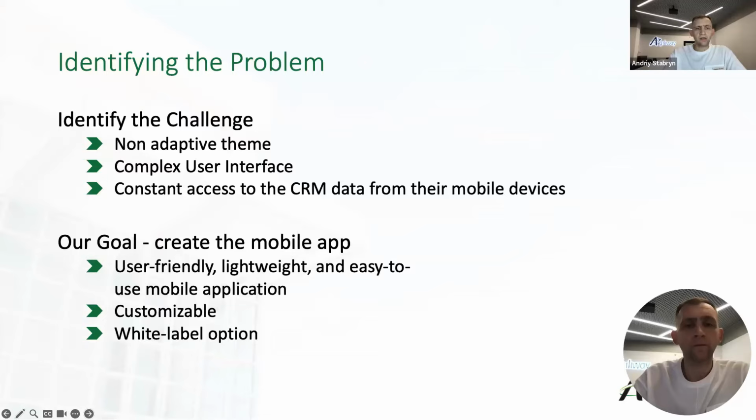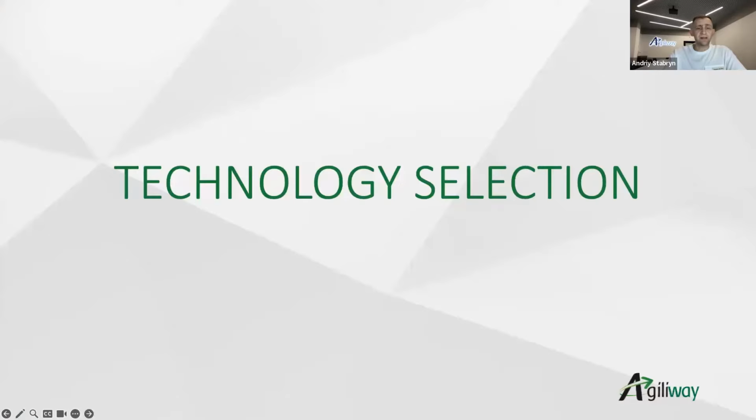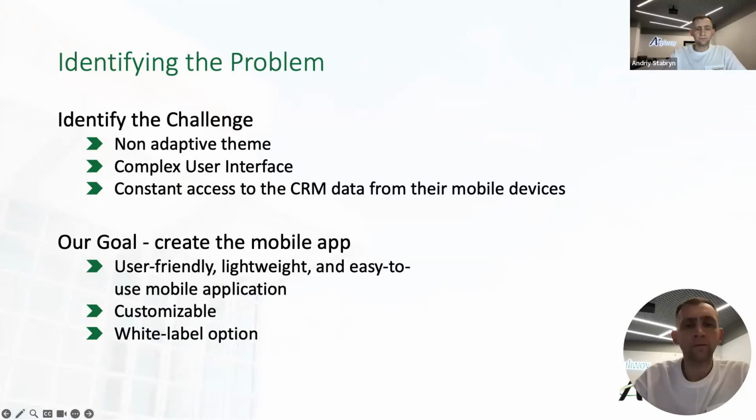And our goal is to create a mobile application. We wanted to design user-friendly, lightweight, and easy-to-use mobile applications that would empower users with full potential of CVCRM on their smartphones. And here is a cool part.